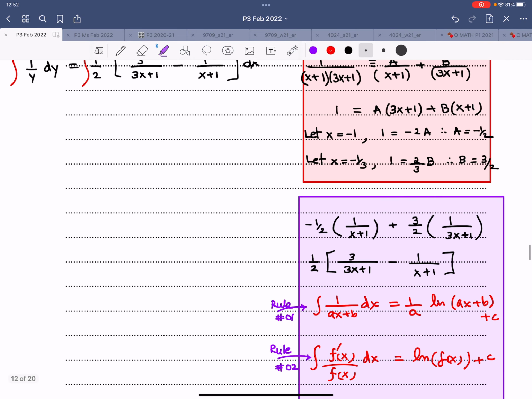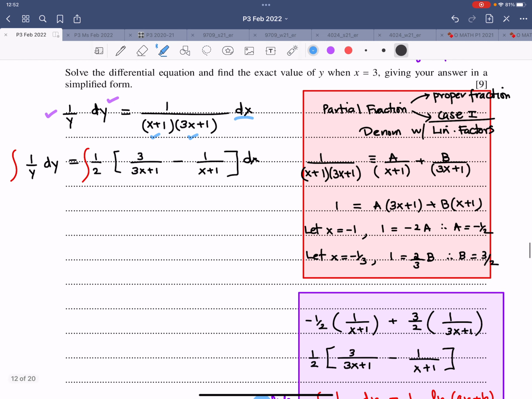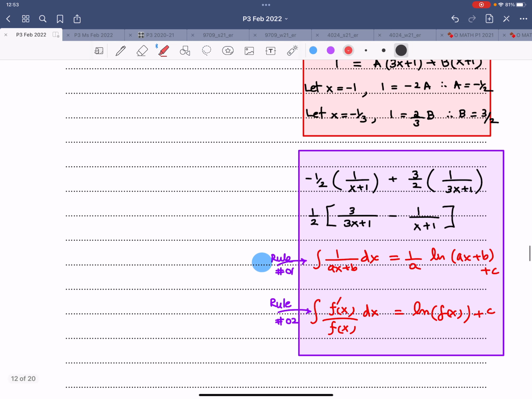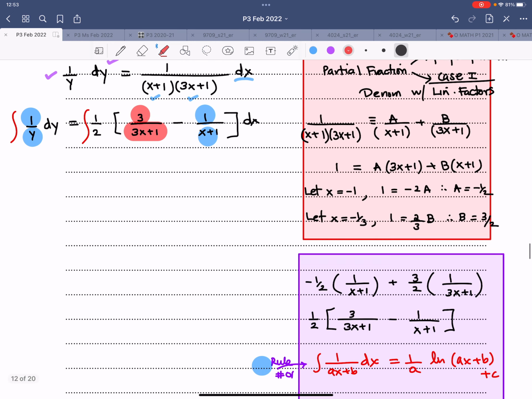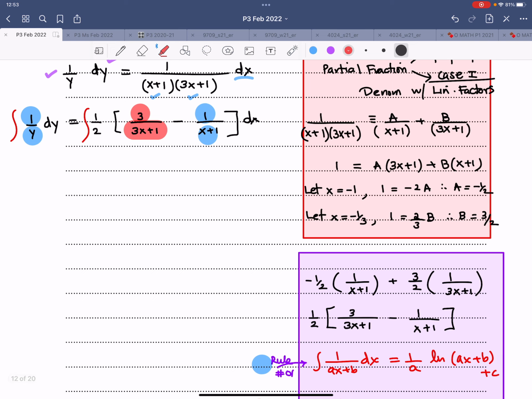So therefore, if I apply some colors, this is rule number 1, and rule number 1 is applicable over here. Therefore, rule number 2 is this thing. So now when we start with the integration, we have 1 over 1 ln of y, half as it is, and the numerator 3 is the derivative of denominator.